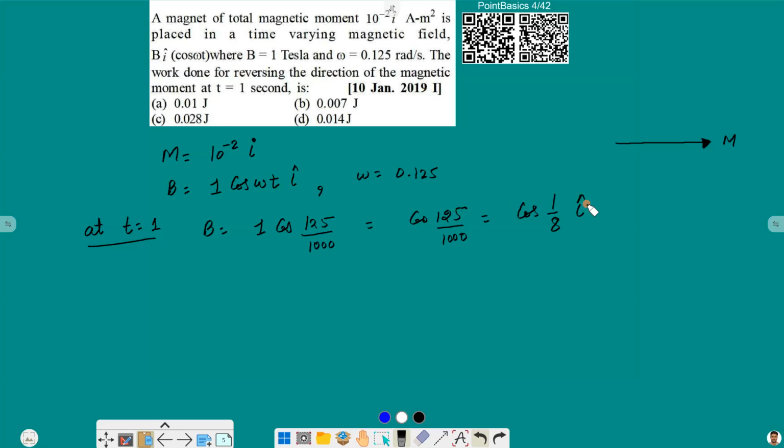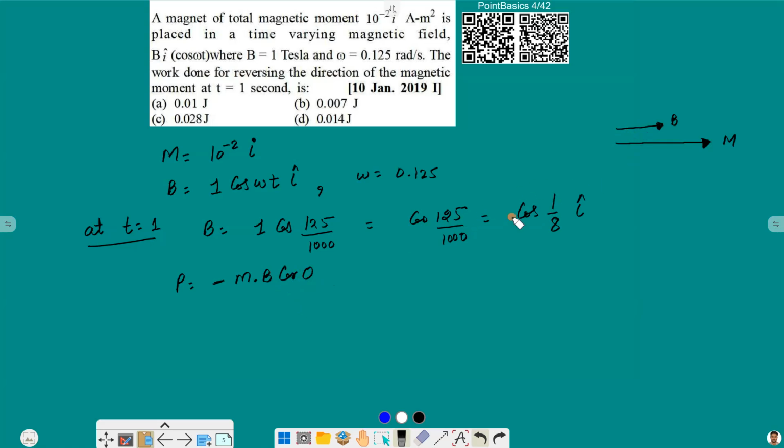So the magnetic field is also in the same direction. In this configuration at t is equal to 1, this system will have some potential energy, and that potential energy will be minus mB cos of the angle, and this is the angle between these two, and the angle between these two is 0.